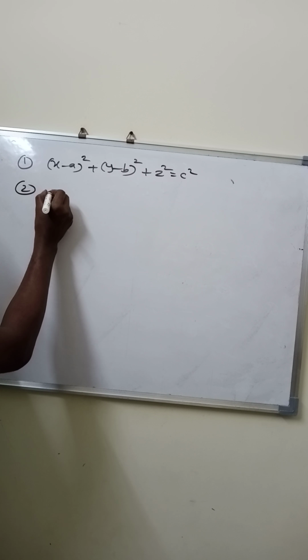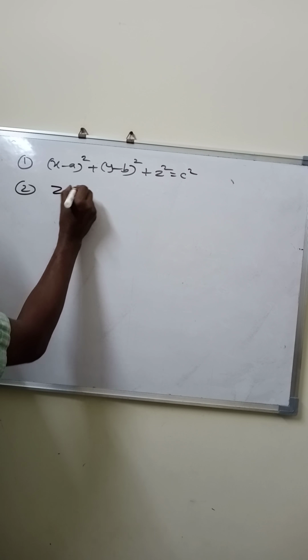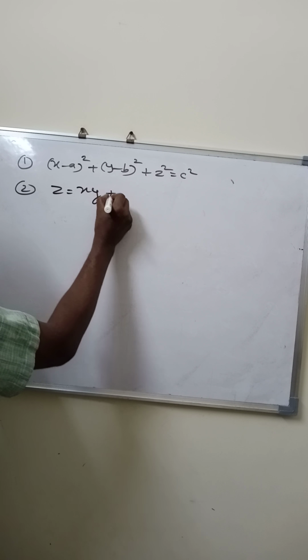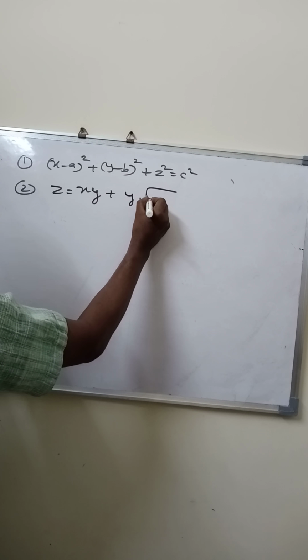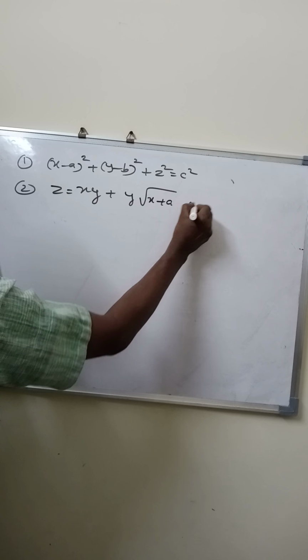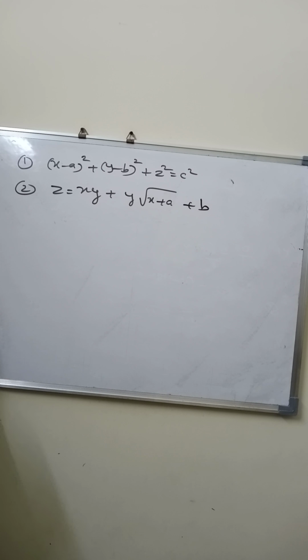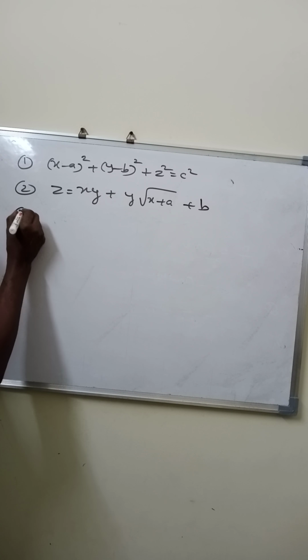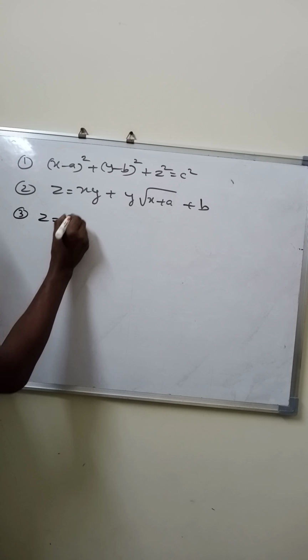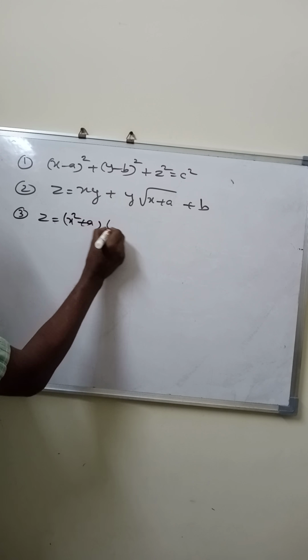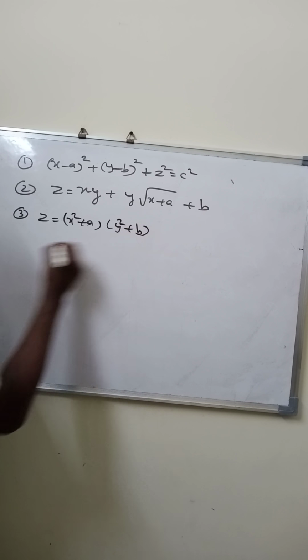Second question, z is equal to xy plus y root of (x plus a) plus b. Third question, z is equal to (x square plus a) into (y square plus b).